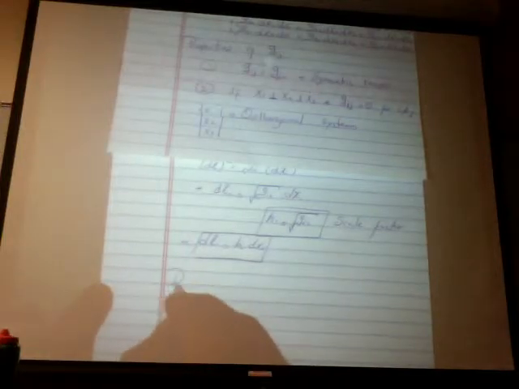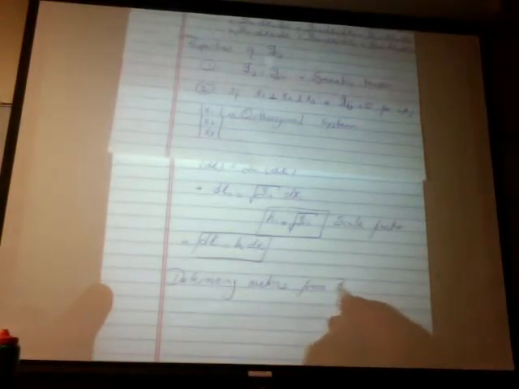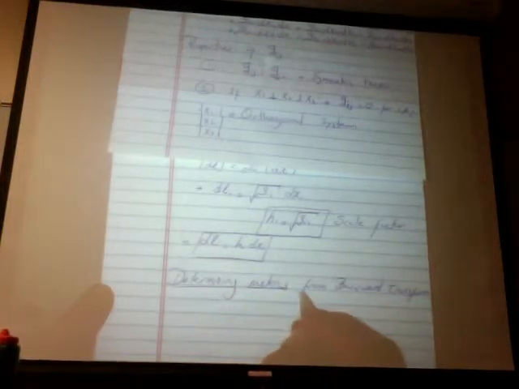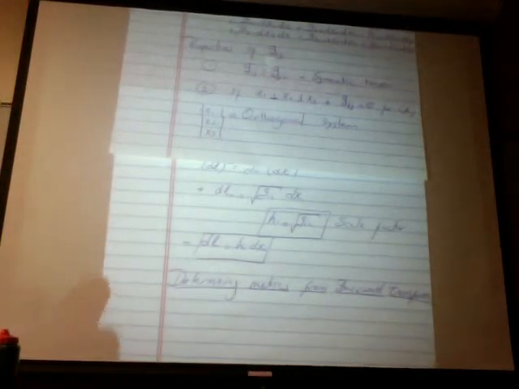In any case, we need to determine the metrics from the backward transform. Determining metrics.